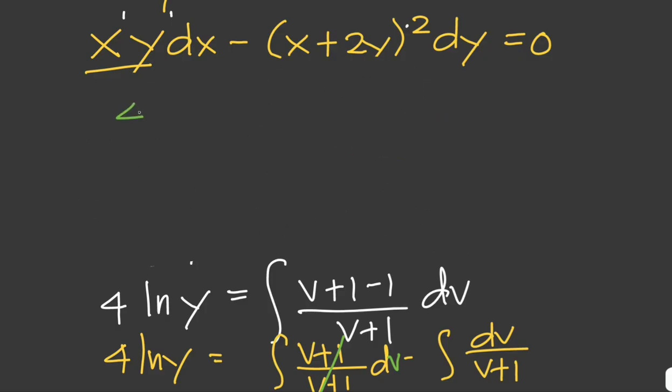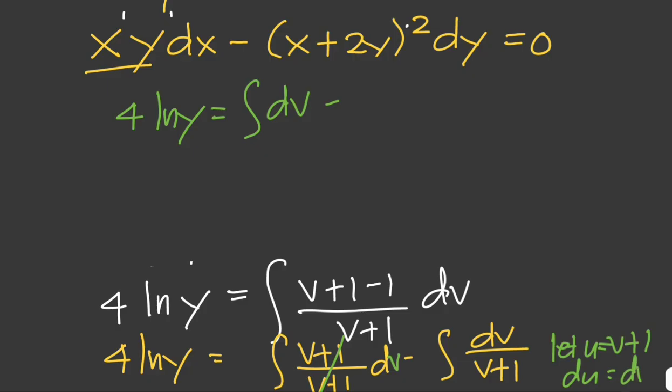So we have 4 ln y equals the integral of dv, because v plus 1 over v plus 1 equals 1, minus the integral of dv over v plus 1. So we can let u here as v plus 1 and du is equal to dv.